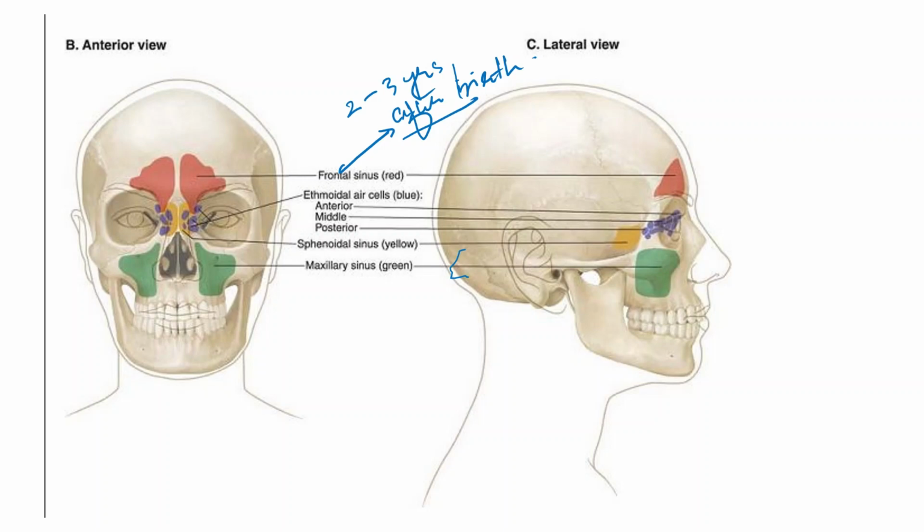The frontal air sinuses, as the name itself says, are two in number, one on either side, and they are present within the frontal bone.